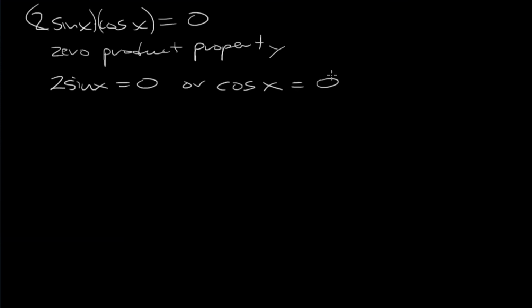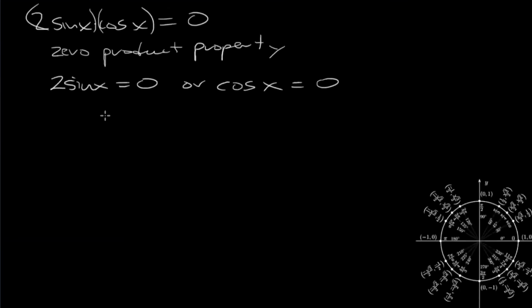This is, for this problem, the easier way to go, but it didn't get at the heart of the dilemma that would come up if you chose to do it the other way. So that's why I did it the other way. If you go to your unit circle values, well, this is really just the same as sine of x equals 0. And this is the same as cosine of x equals 0. So all you have to do is figure out where sine or cosine would be equal to 0.